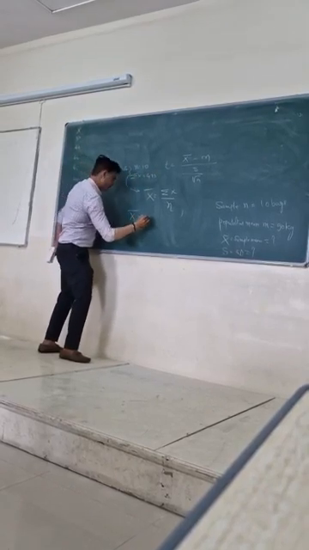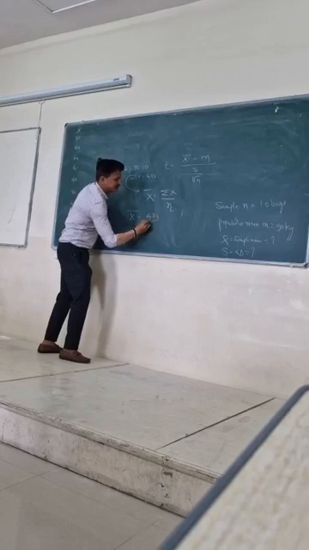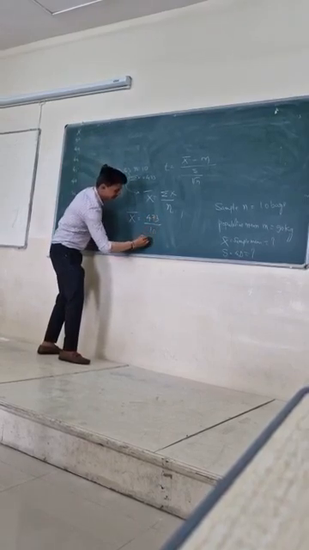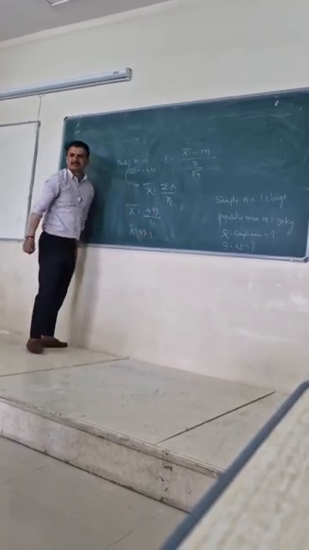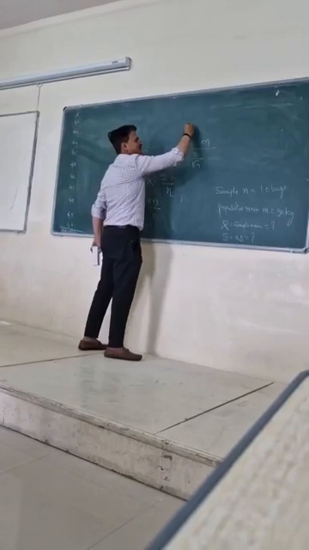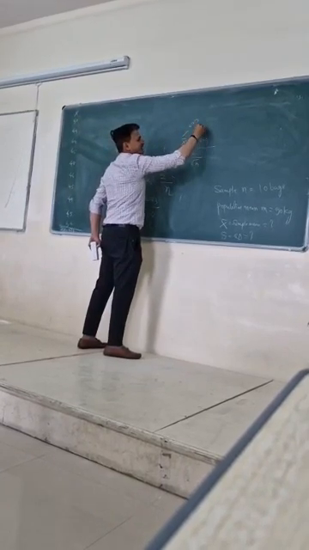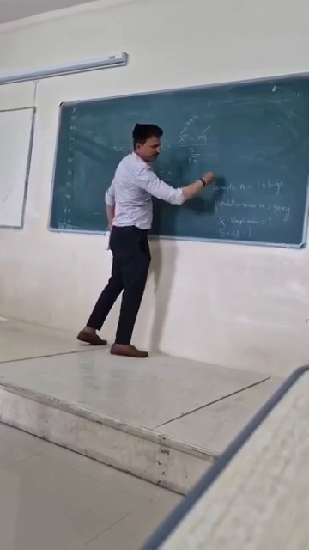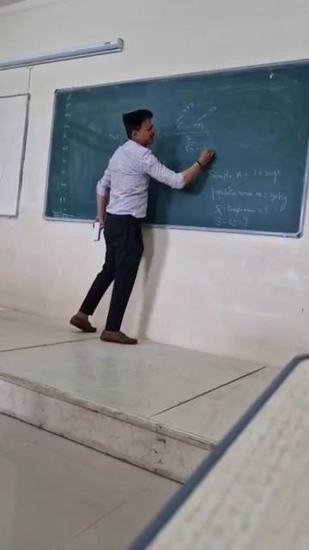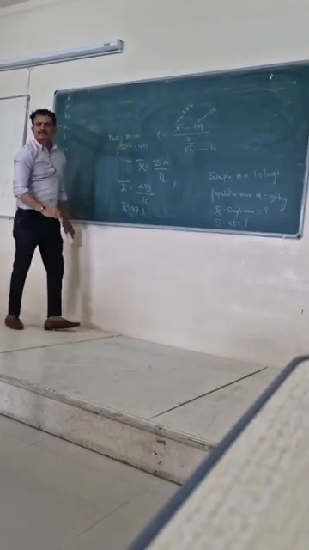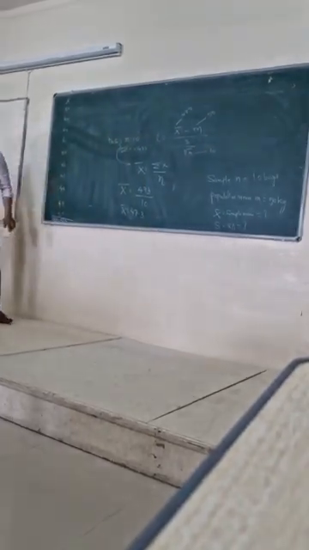That is 473 divided by N, which is 10. So X bar is 47.3. See here, we got this, 47.3, and we know the population mean is 50. We know N is 10. We don't know S. Now we have to calculate S.